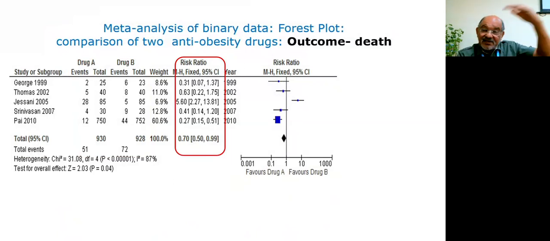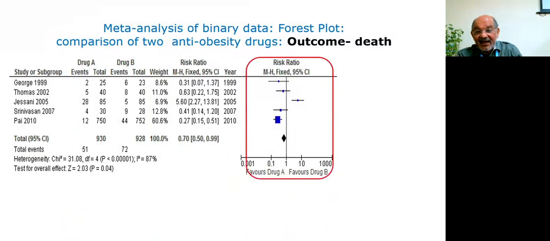No weights applied. That's the relative risk as it is. And that's the graphical description of the relative risk against the line of no difference. The blob is the relative risk, and the size of the blob corresponds to the weight given to that study. If it crosses over 1, we don't know. If it's on the other side, it favors drug B. If it's entirely on this side, it favors drug A.